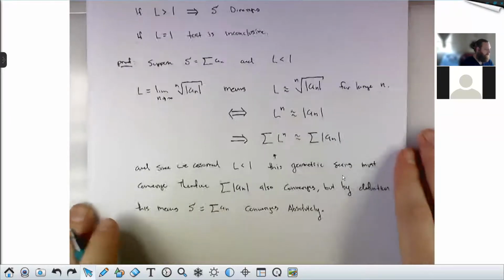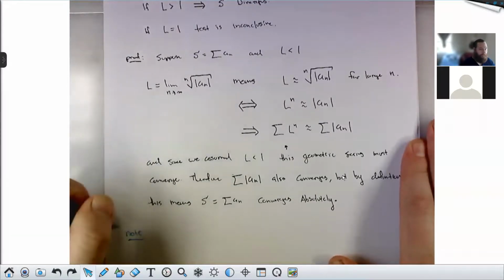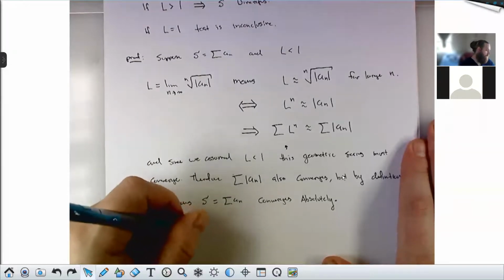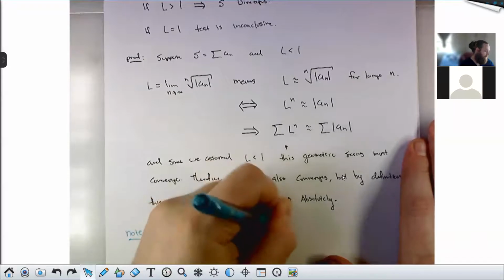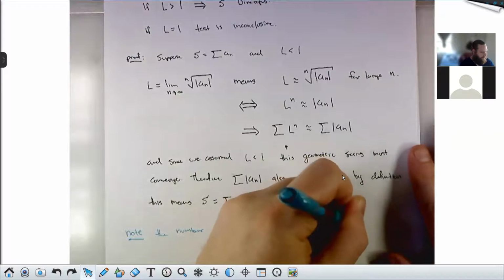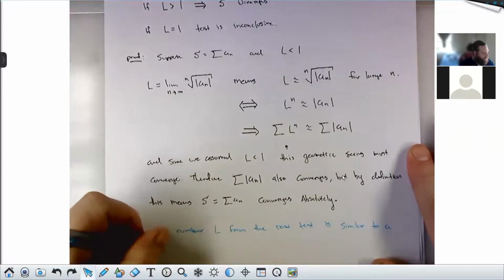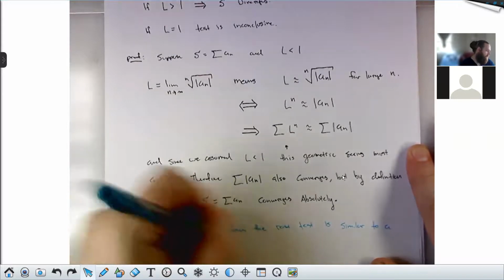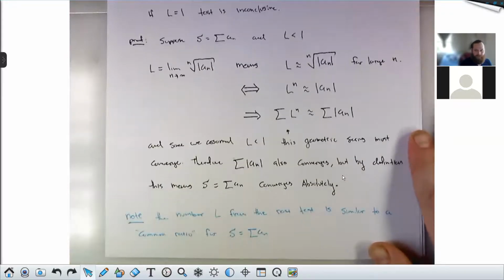The thing I'd like you to take away from this proof is that the number L from the root test is similar to a common ratio for our series S equals sigma an, even if S is not geometric.